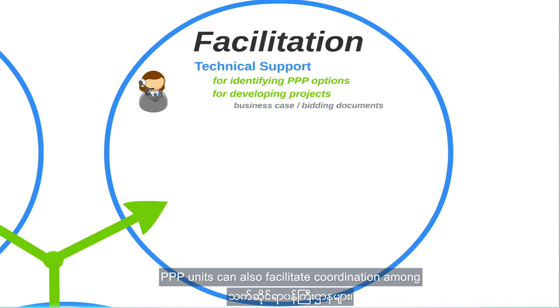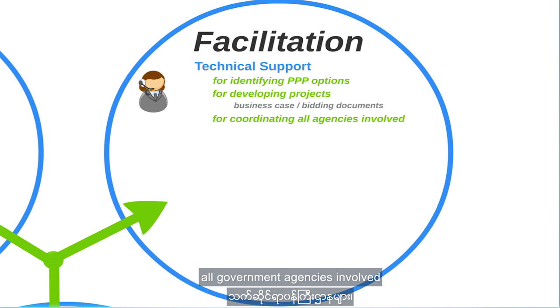PPP units can also facilitate coordination among government agencies involved in the development of a project, which can be a long, long list, often including line ministries, planning ministries, ministries of finance, environment departments, law ministries, and so on and so on.